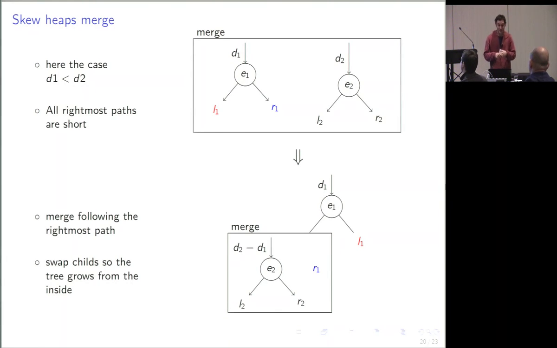If we want to merge two trees, then we do it following the rightmost path, but when we swap the children, we actually merge the heaps on the inside of the tree rather than in the rightmost path.